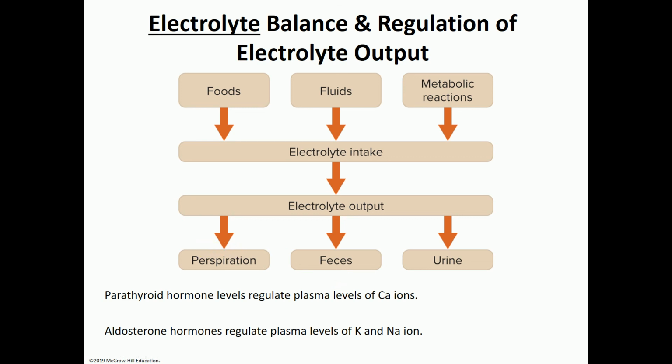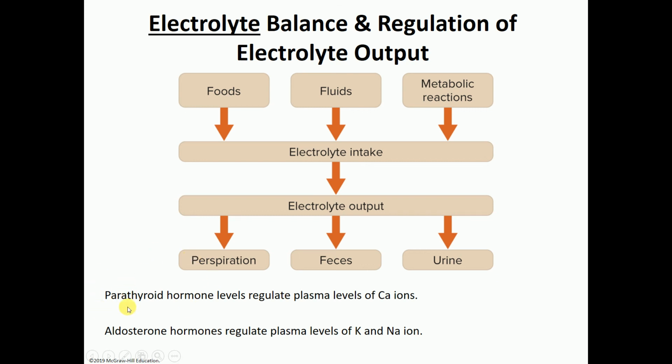A couple of hormones that we've learned about when we talked about the endocrine system, and again, you want to go back and review those portions, would be how parathyroid hormone regulates the plasma levels of calcium ions. And calcitonin also plays a role in there, but PTH definitely has the upper hand on that.